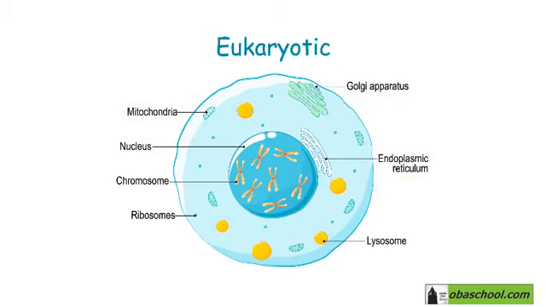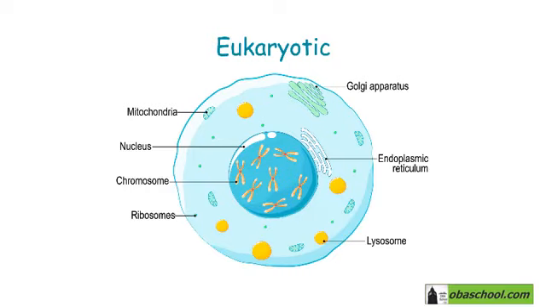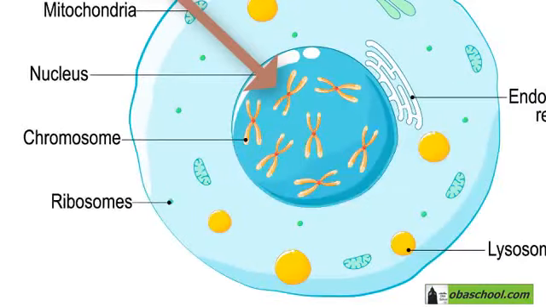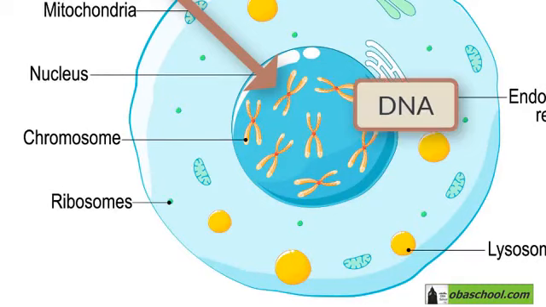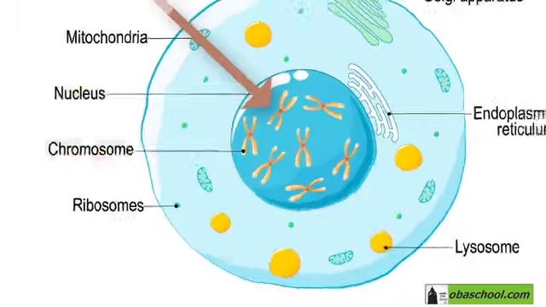Moreover, the genetic material in the eukaryotic cells is enclosed inside the nucleus. Furthermore, notice how the genetic material, which is a chemical called DNA, forms structures called chromosomes that are contained within the nucleus.